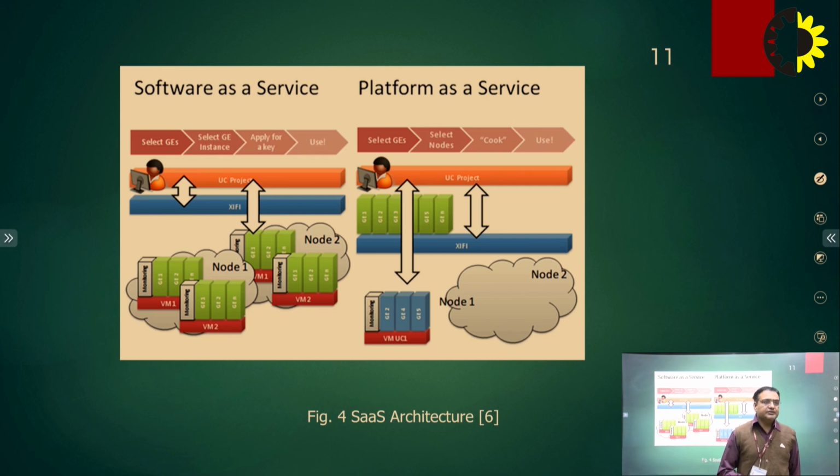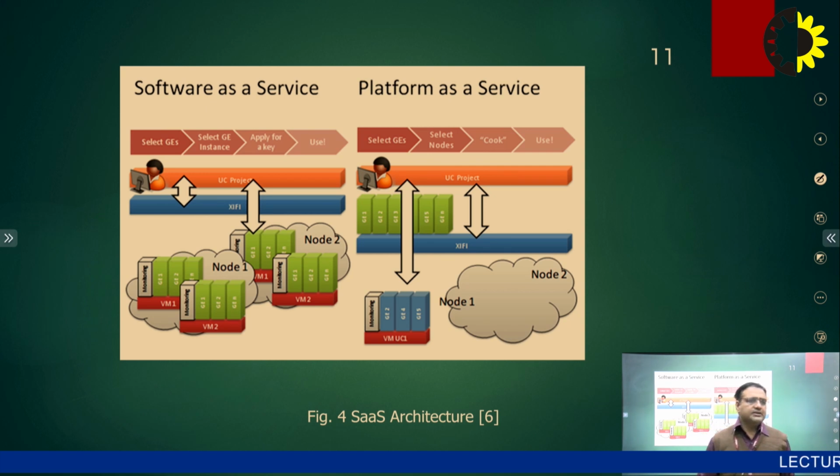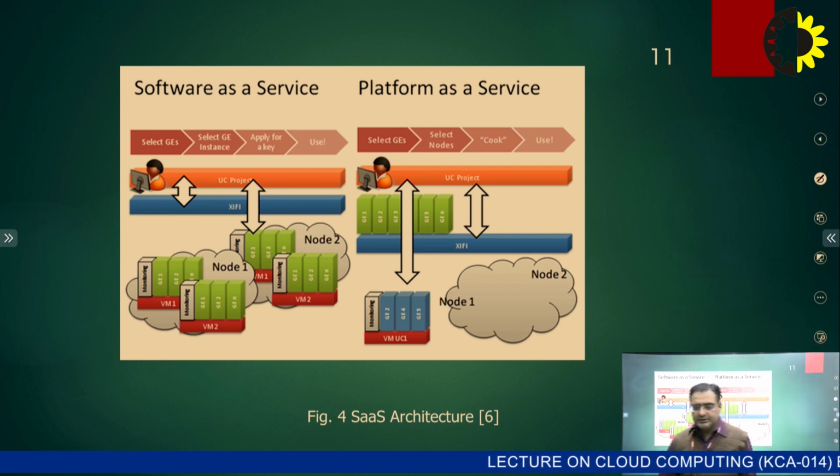Next, software as a service, platform as a service. These are the SaaS architectures, software as a service architectures. Platform as a service, software as a service. Platform means what operating system is available for a particular desktop or virtual machines.